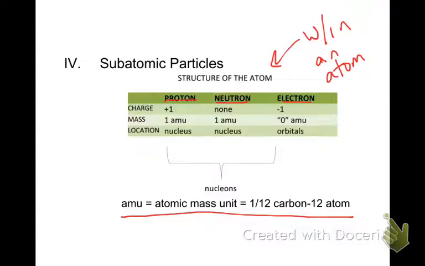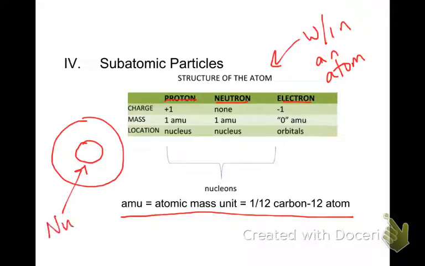So if we've got, let's just say, our most recent model based upon the gold foil experiment. So we've got our center nucleus. So there's our nucleus. And within that nucleus, we've got protons and neutrons.